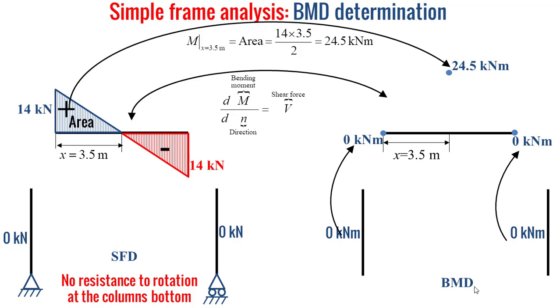The value of this maximum bending moment is equal to this area, since by definition the bending moment is the integral of the shear force. Even the variation of the bending moment along the beam is associated to the integral of the variation of the shear force along the beam.